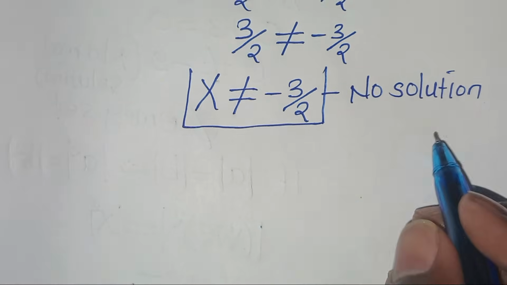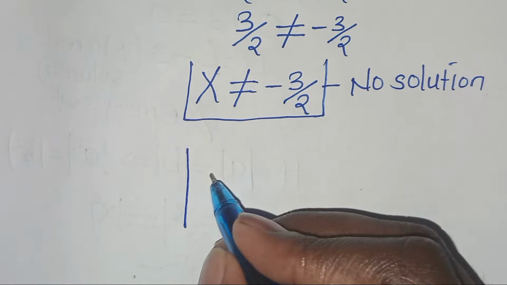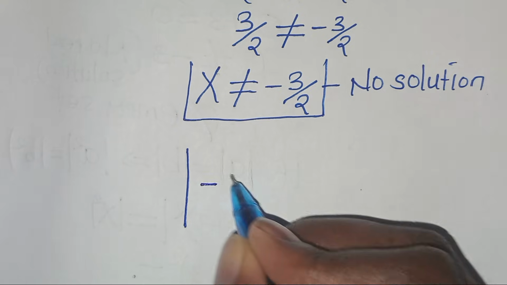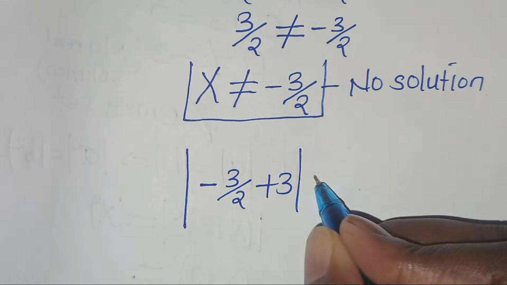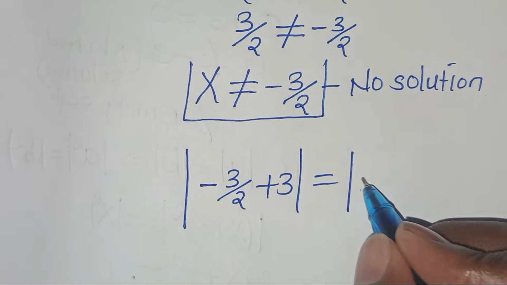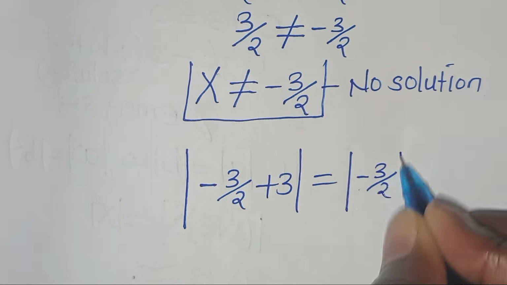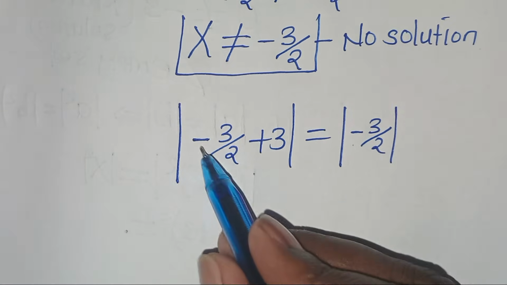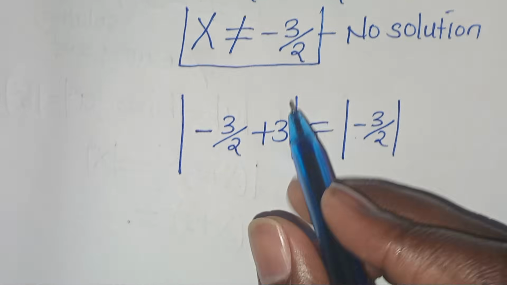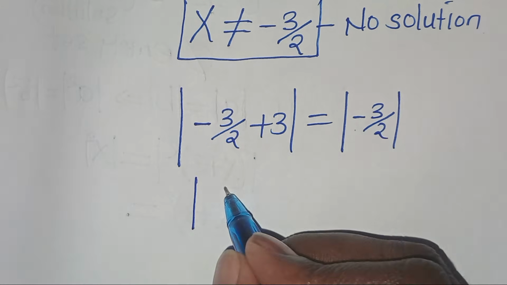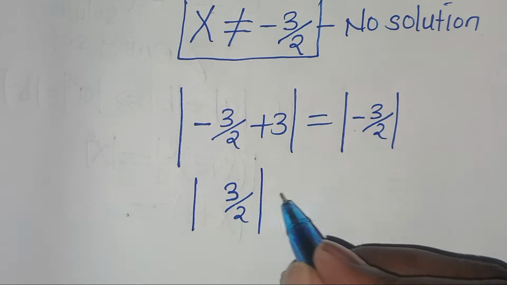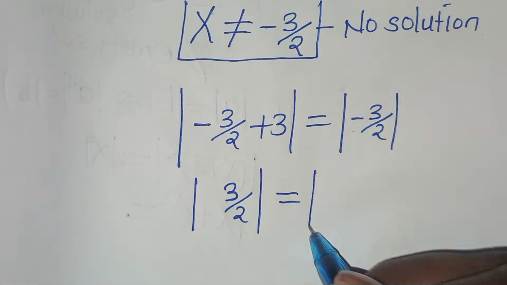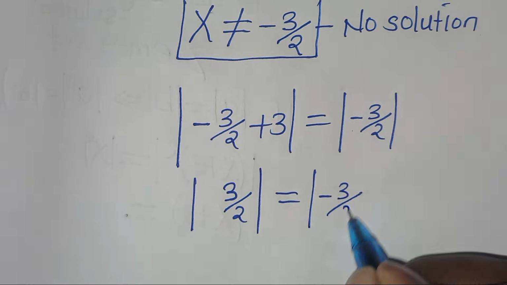But now, if we have the absolute value of negative 3 over 2 plus 3, this is equal to the absolute value of negative 3 over 2. This implies that negative 3 over 2 plus 3 is the same thing as 3 over 2, the absolute value of 3 over 2, equal to the absolute value of negative 3 over 2.